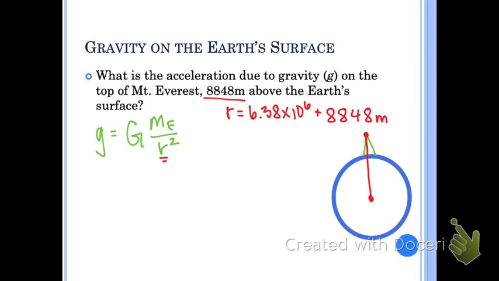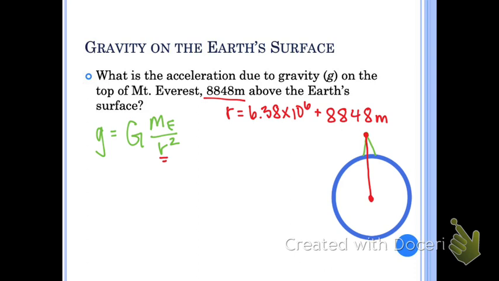We don't want to abbreviate it back down into scientific notation, because then it's going to look like we didn't do anything, right? So 6.38 times 10 to the 6th, or you might have stored it as R, plus 8848 still gives me 6388848. I don't want to just rewrite that as 6.38 times 10 to the 6, because then it looks like I didn't add anything to my radius. So I want to keep that whole number when I put it into my equation.